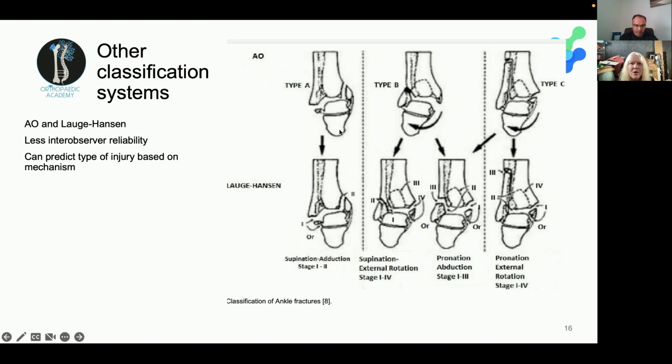And again, the AO classification, it's good for writing papers, but it doesn't really help us with a lot of these ankle fractures, because it's either extra-articular, partial articular, or intra-articular, and most of them are going to be in the type A, so that doesn't really help either.